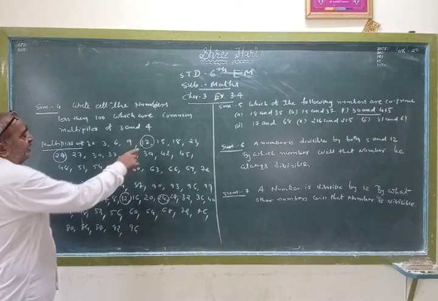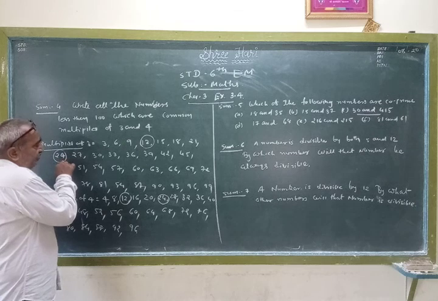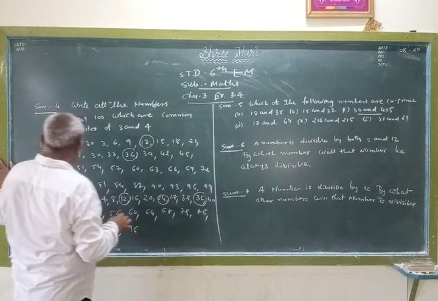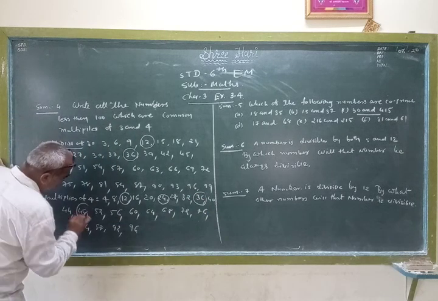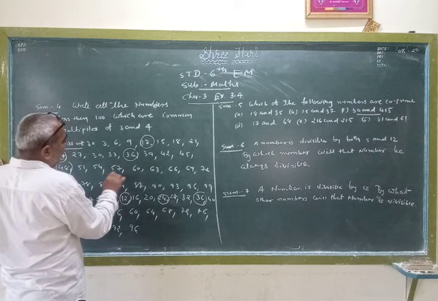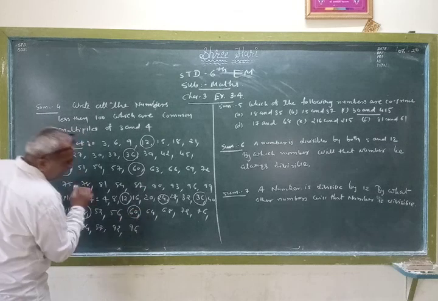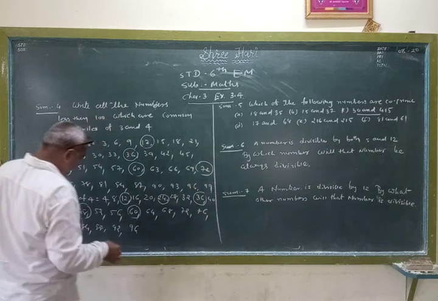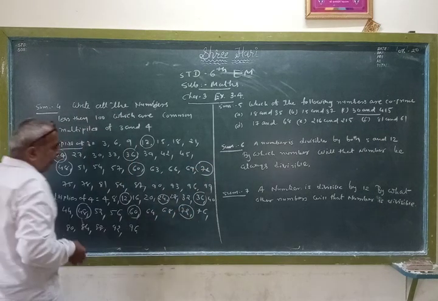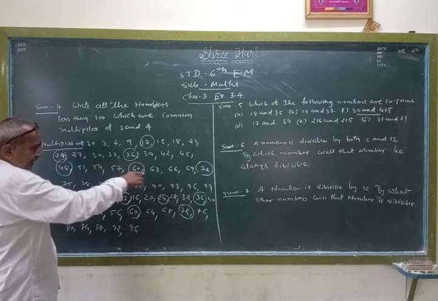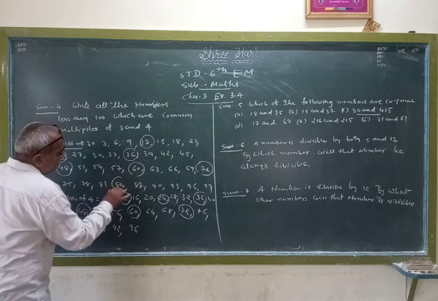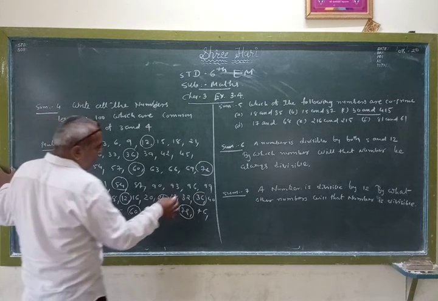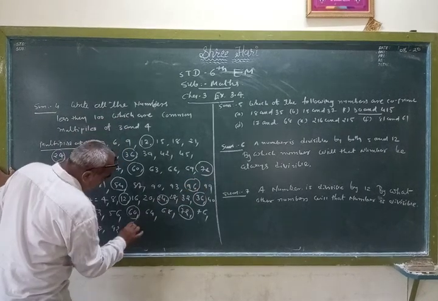Then you can see here, after 12, the table of 12: 12 twos are 24, then 36 will come, 36, then 48, you can see here 48, then 12 fives are 60, so here also 60, then 72, so here also 72, 12 sevens are 84, so here also 84, and 12 eights are 96, so here also 96.